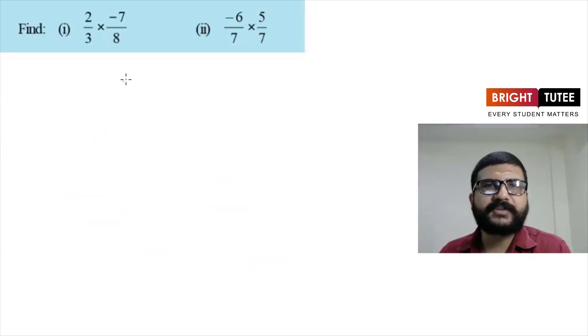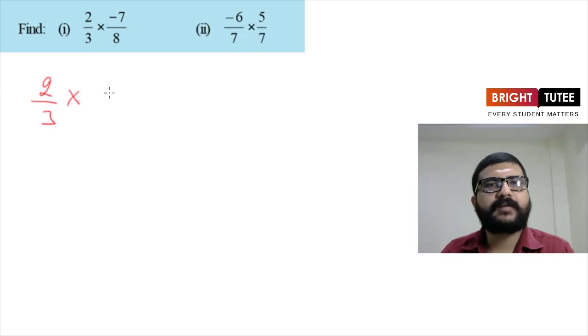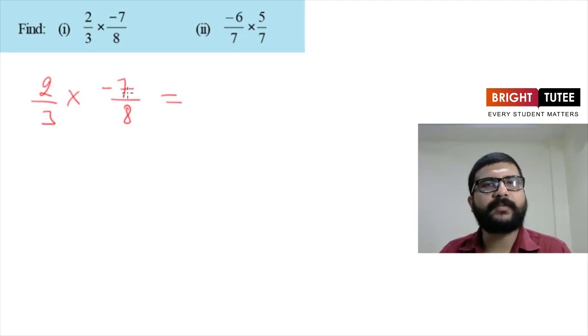Now let's try this question. The first question is 2 upon 3 multiplied with minus 7 upon 8. So how do we multiply two rational numbers? We have to multiply numerator with numerator. That will be the numerator of the answer. So it is 2 into minus 7.